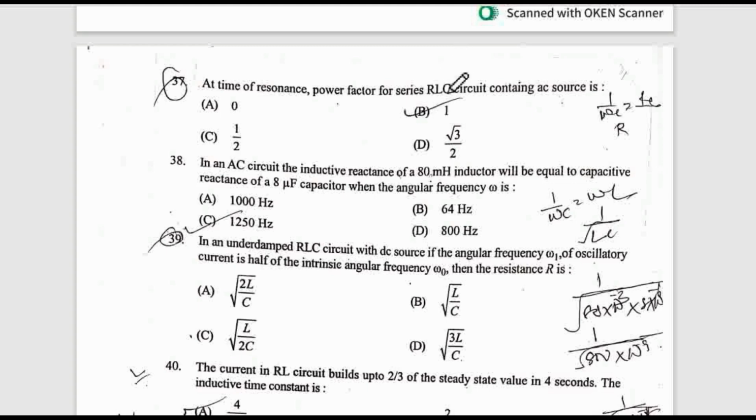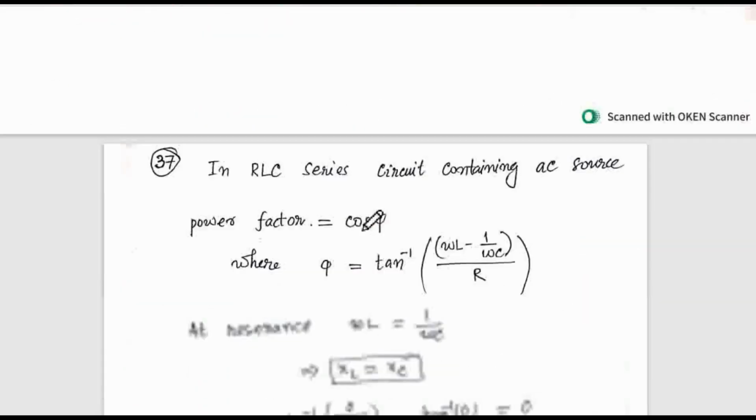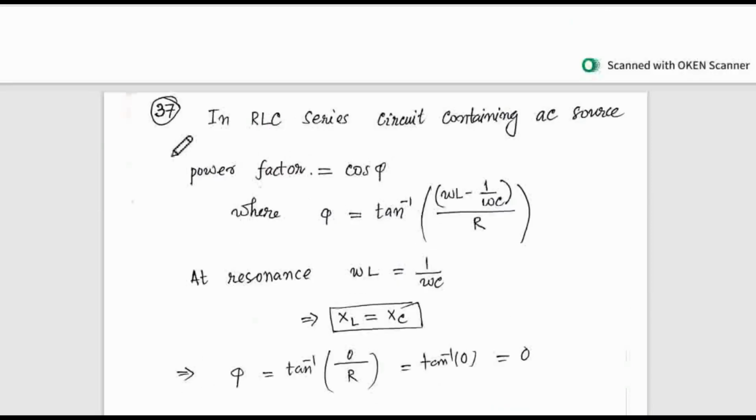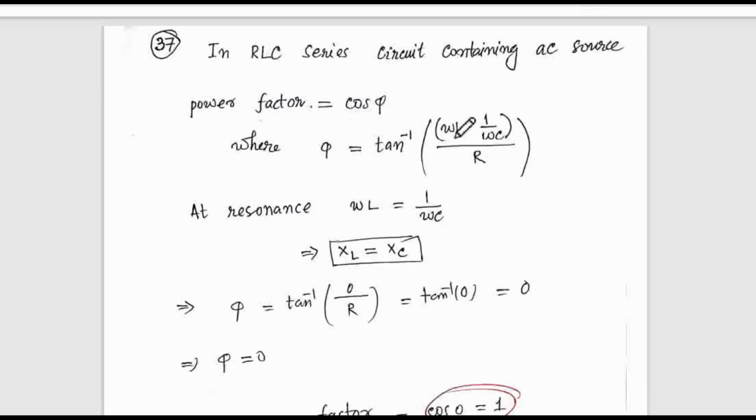To find the solution of this 37 number question, we know that the power factor is cos phi, where phi is tan inverse of (omega L minus 1 by omega C) by R. Here omega L and 1 by omega C are the inductive reactance and capacitive reactance respectively.